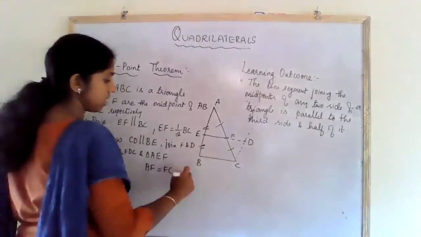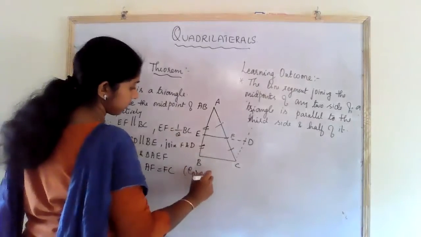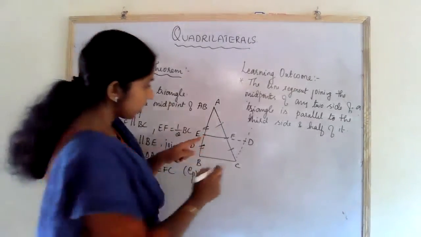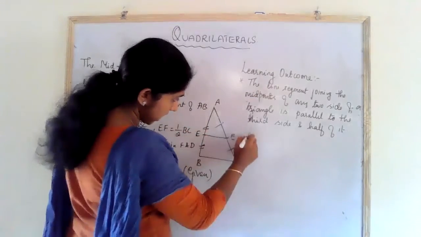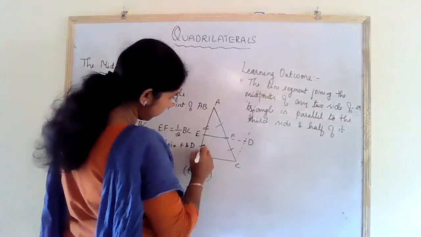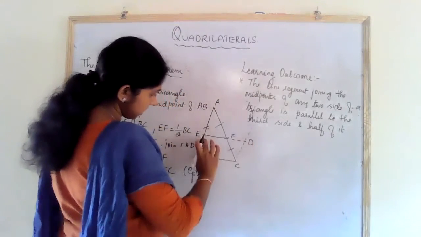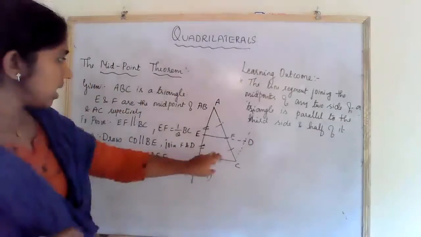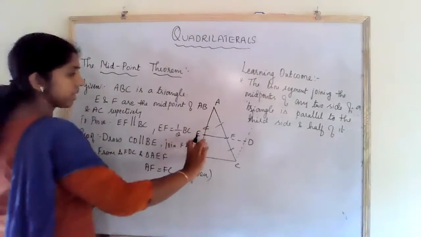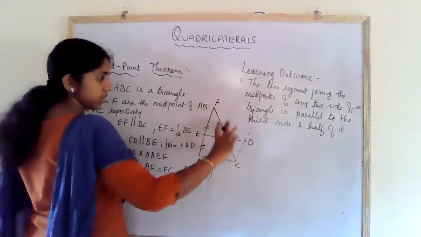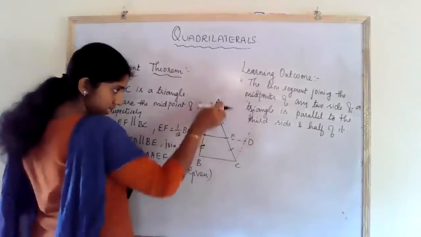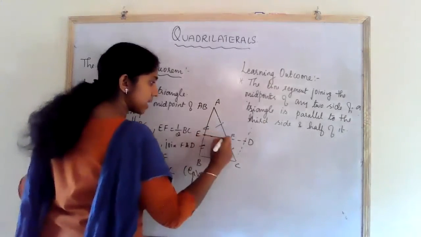It's given. Next, we have CD parallel to AB, or DE, it is one and the same. So these two lines are parallel, and this will act as a transversal.